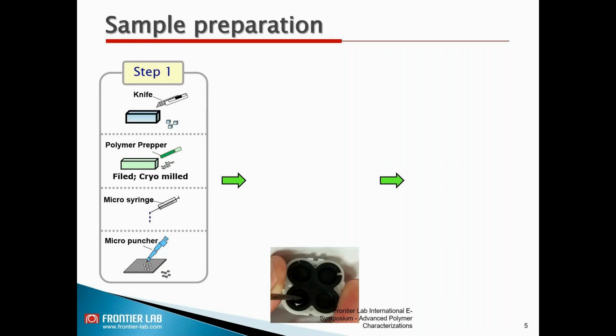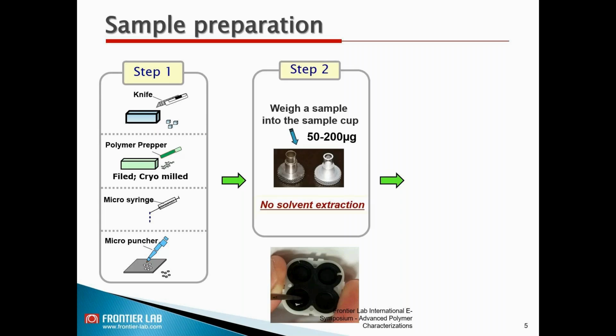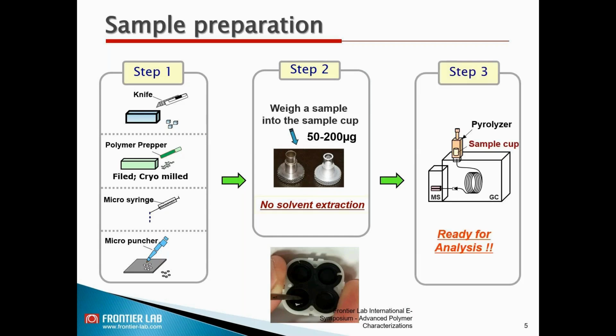If it's a liquid we use a micro syringe, and if it is a sheet or fabric, we take a simple micro puncher and then take the sample. Thereby we weigh the desired amount of sample. What we usually suggest is 0.5, 50 microgram is far more than enough to do your analysis, and we weigh it into the echo cup, and thereby we introduce it into the pyrolyzer.